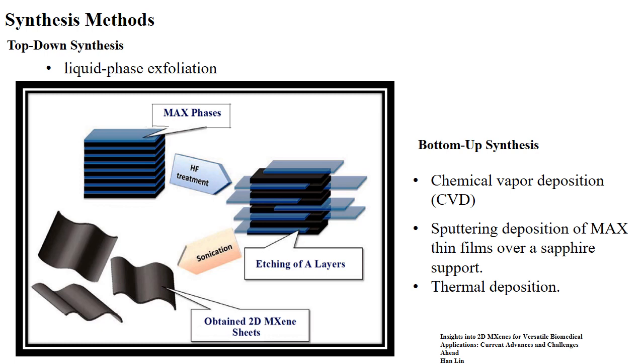Next is surface modification. So MXenes have common features: the surface has specific surface terminations, which include hydroxyl, oxygen, or fluorine.